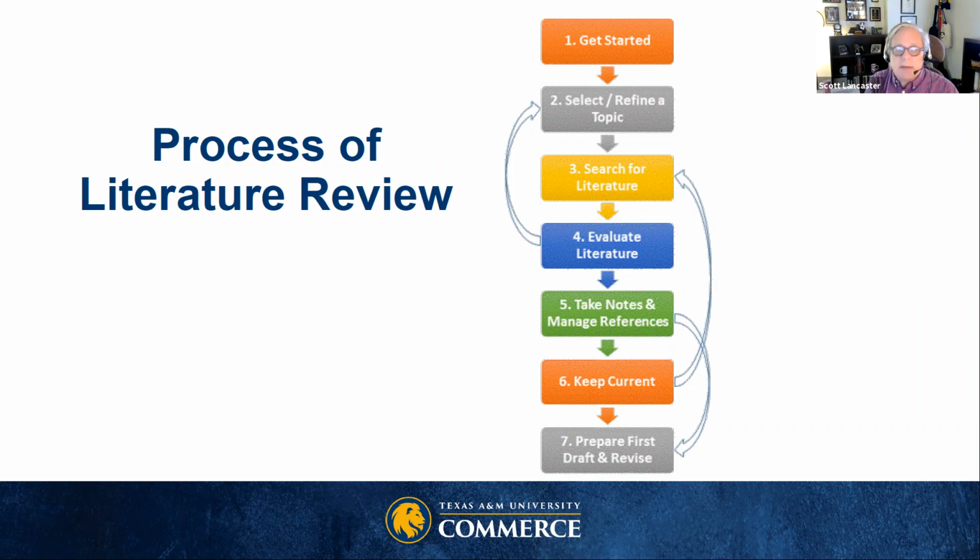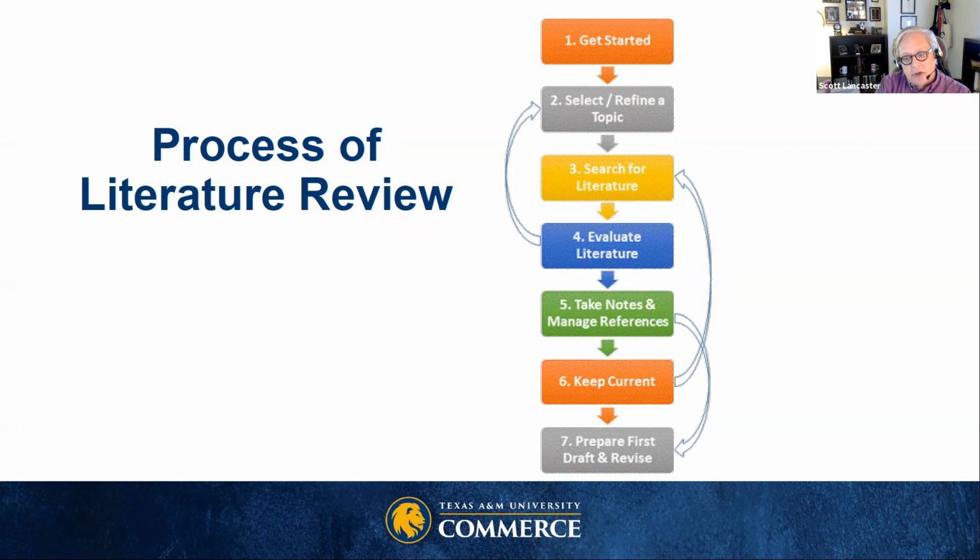You have to begin with something as you're going to the databases and other sources of information that you have. Then you begin that process of searching, either in databases or in books or other printed material that you have.